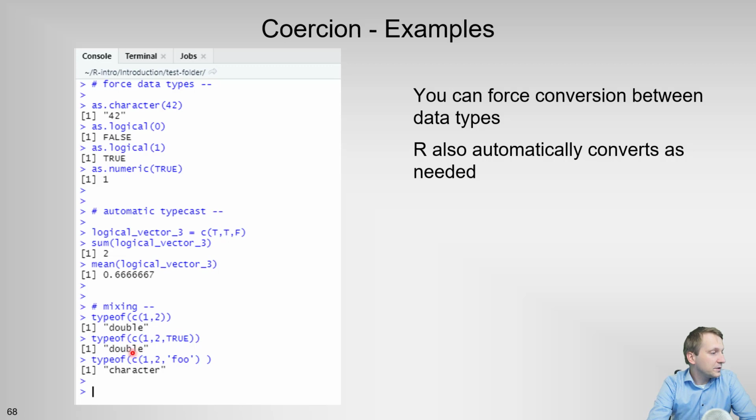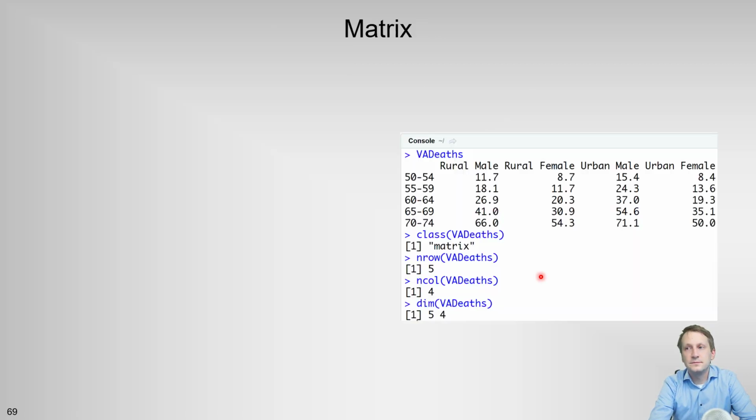Then you see that the type remains a double because the true is automatically converted into a 1. And if you combine the 1 and the 2 with a string, so with foo in this case, then the entire vector is a character. So the 1 and the 2 will also be stored as character, not as a number. And so that is the standard typecasting or coercion behavior in R.